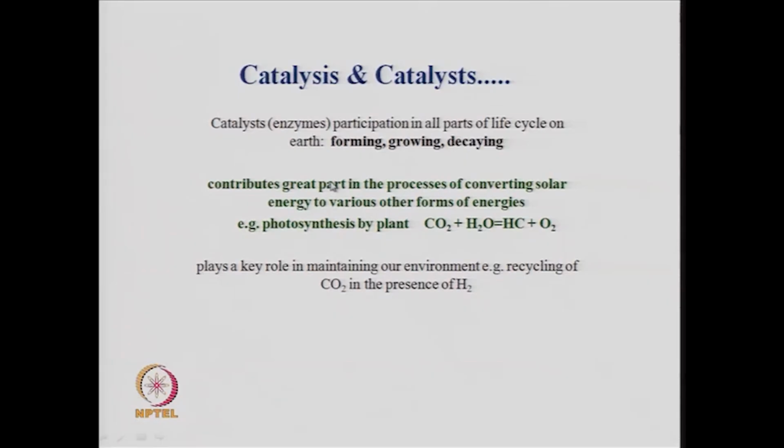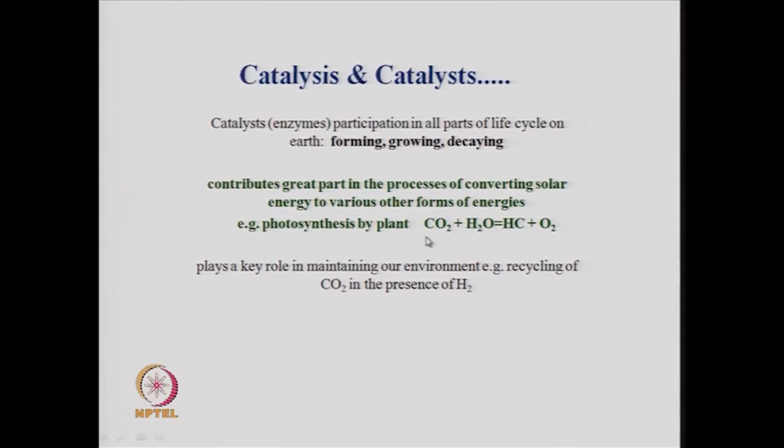Now, the catalysts and catalysis contribute a great part in the processes of converting solar energy to various other forms of energies. So, for example, all our food, which is the plants and all the agricultural products, are basically grown, the hydrocarbons or the carbohydrates are made in the presence of solar radiation by photosynthesis by the plant.